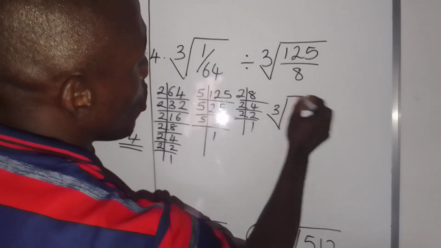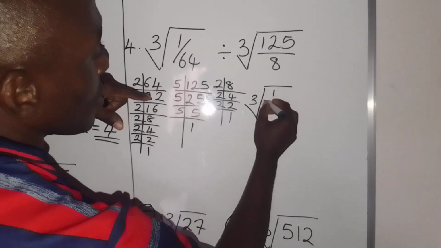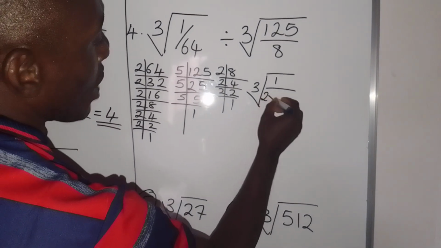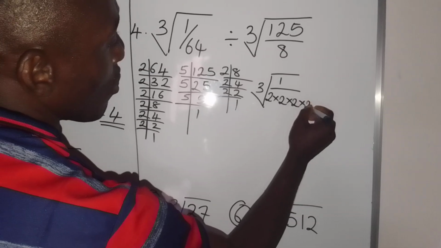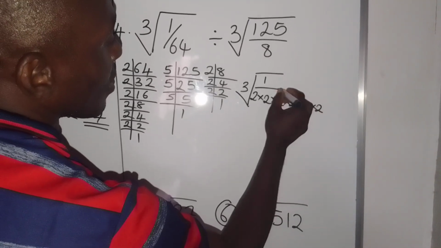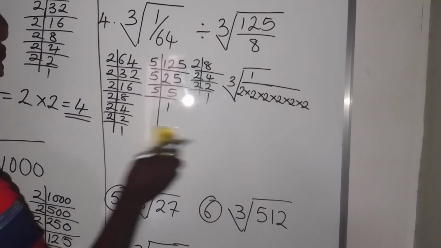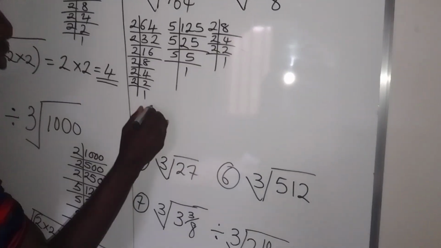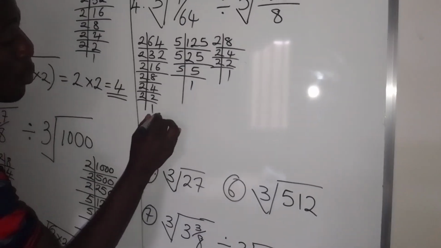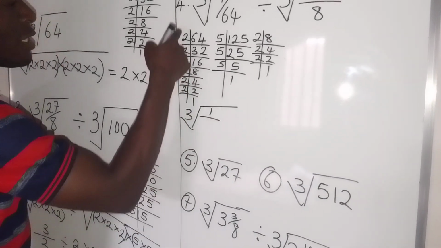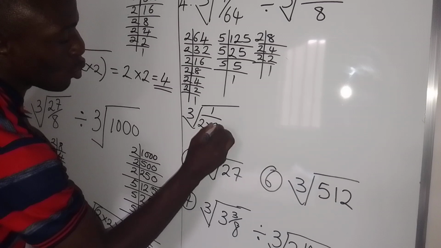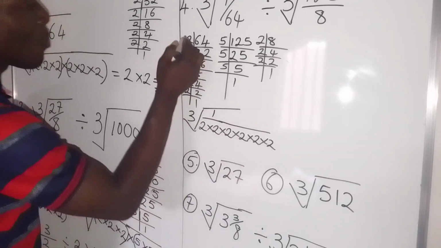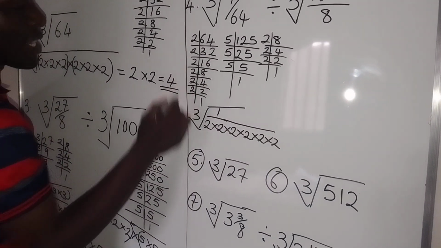So quickly, let's look at the cube root. The cube root of 1 is 1. Then for 64, we have 2 six times. Wow, my space will not be enough. Let me go down so that it will contain the whole thing. So the cube root of 1 over 64, which is 2 six times.